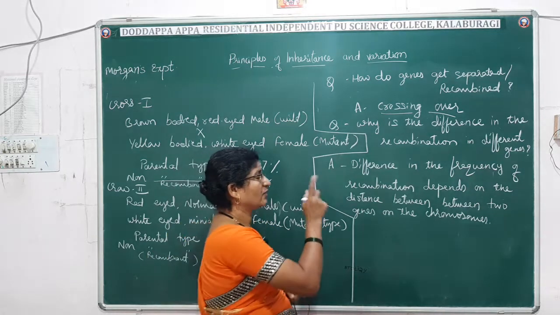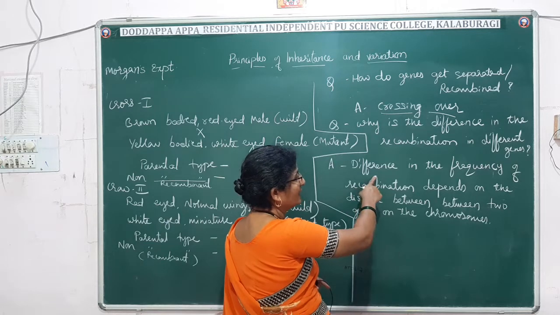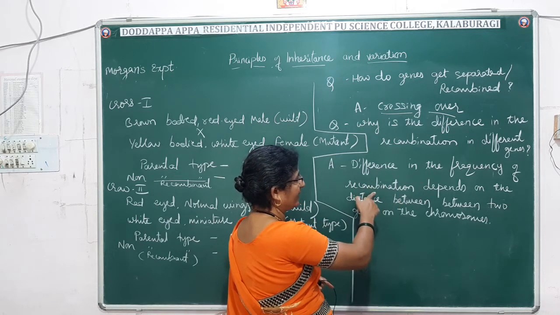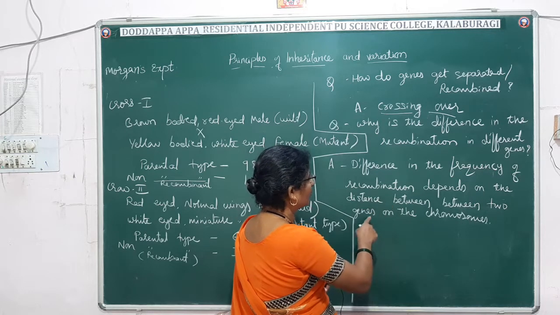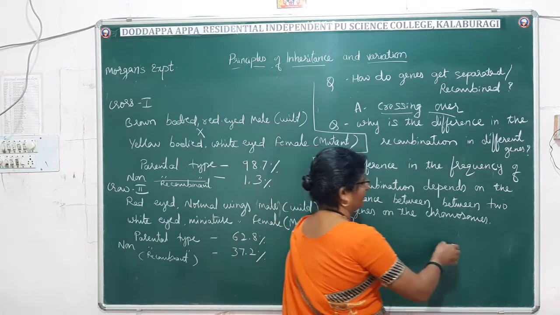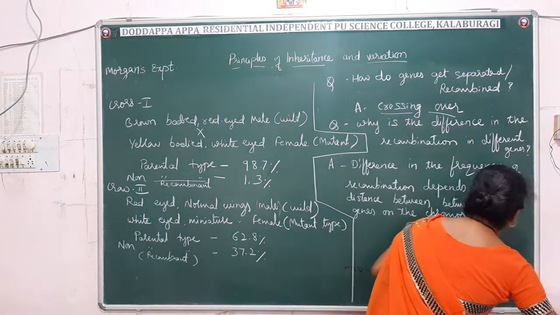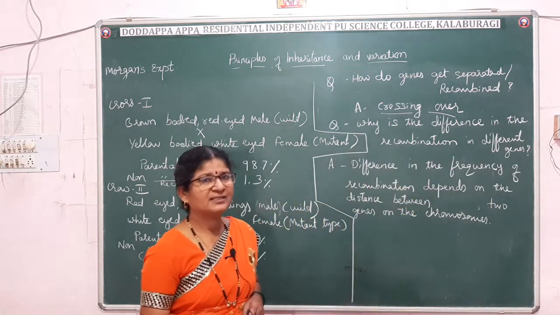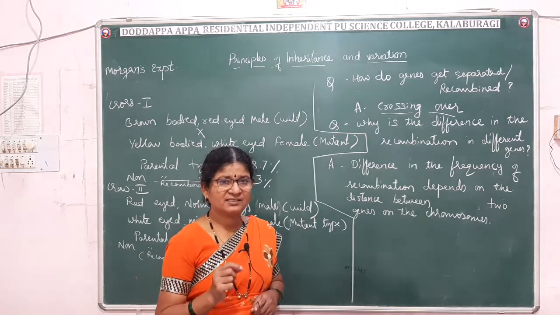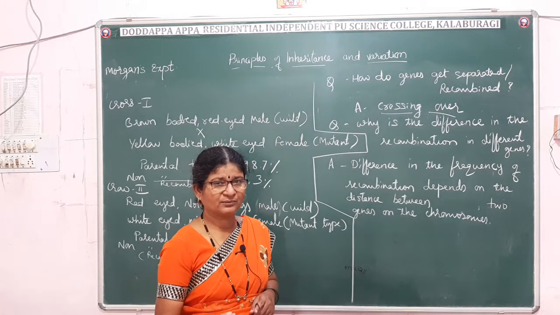What is his answer? The difference in the frequency of recombination depends on the distance between two genes on the chromosome.